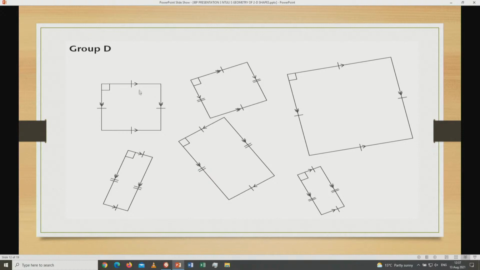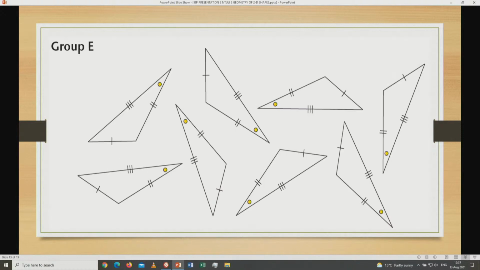For example, this shape is similar to this shape. This shape is similar to this shape. But are they congruent? No, they're not equal. Whereas when you look here, they are same shape and same sizes.